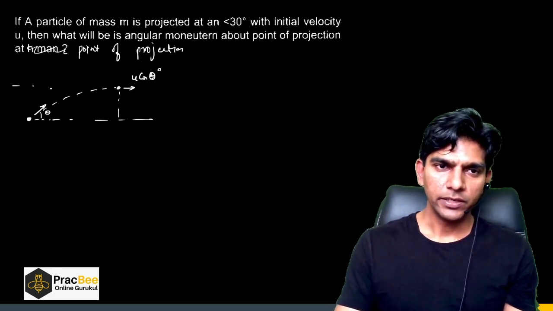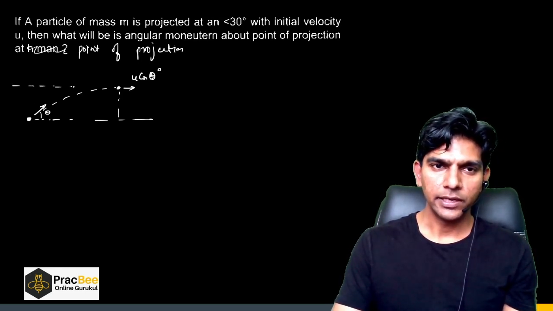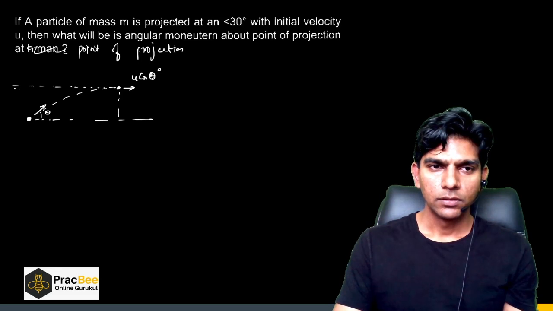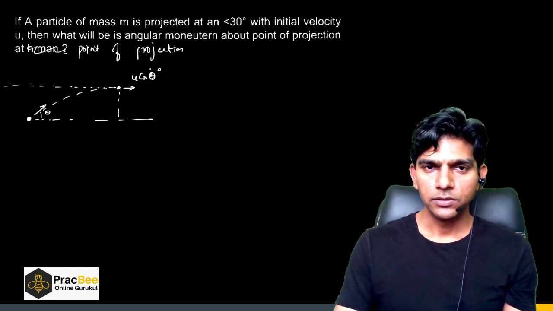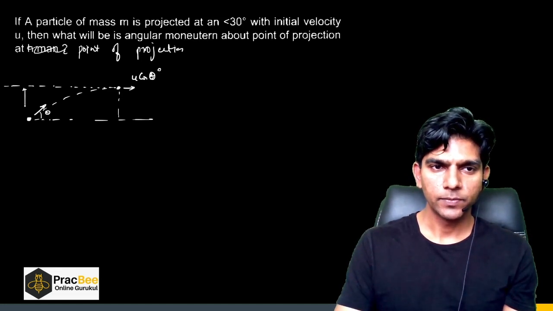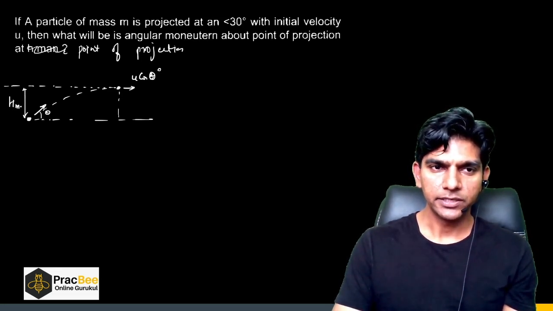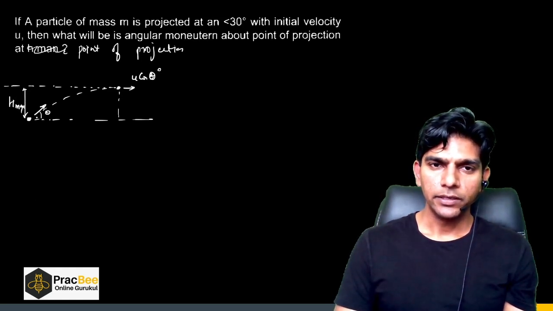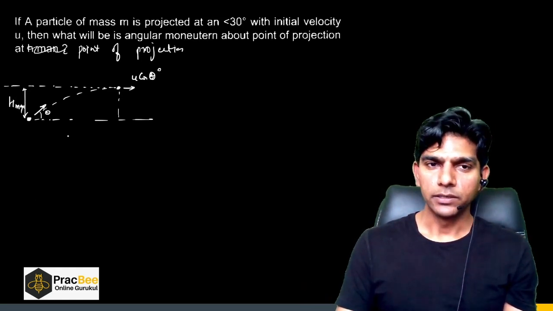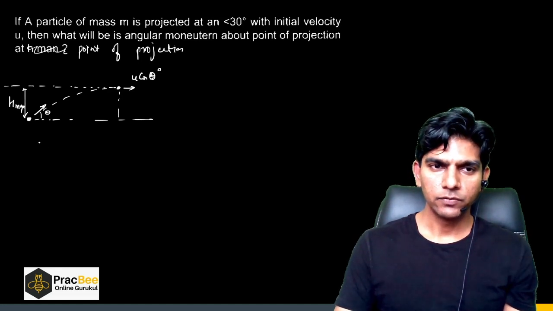So the line of action, or you can say the line about which the velocity is lined, its perpendicular distance from the point of projection will be nothing but h max, right? And the angular momentum is into the plane. If I want to find the magnitude, it will be h max times mass times u cos theta.